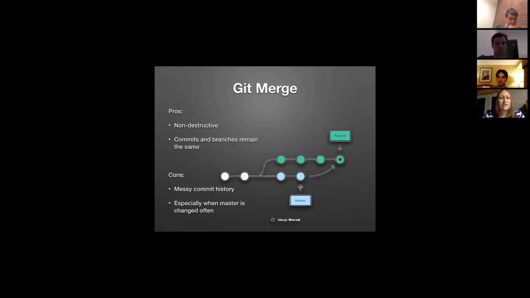The cons are that it's a messy commit history, and that gets really messy whenever you have a lot of people collaborating and your master gets changed often. Here I have a little snippet that shows what your commits would look like whenever you merge. It definitely looks like a branch.